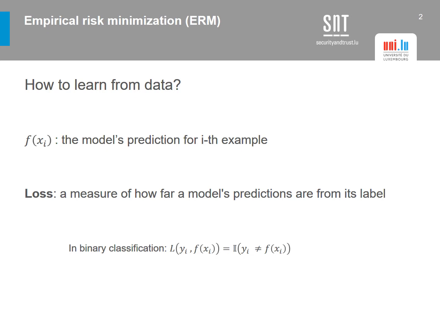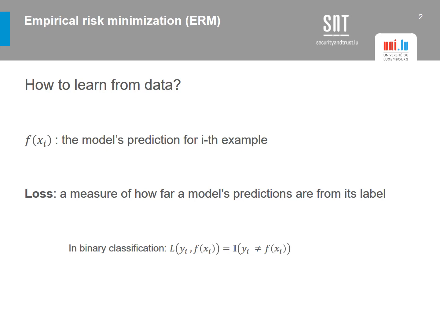In order to learn from data, we need the model to know when it performs well and when it performs badly. For that we need to define the loss function. The loss function is a function that gives us a measure of how far the model prediction is from its label.